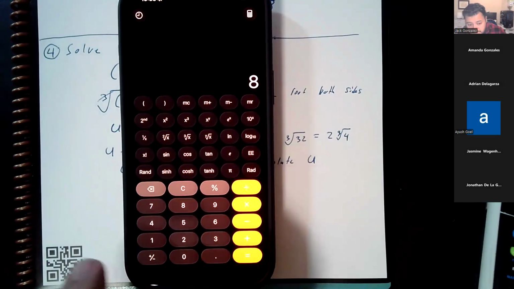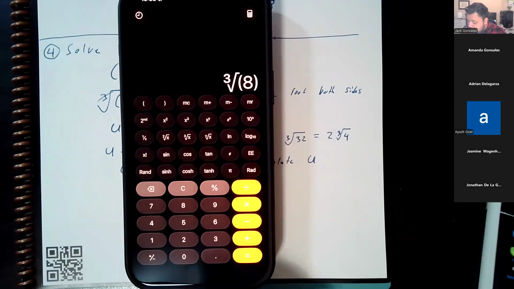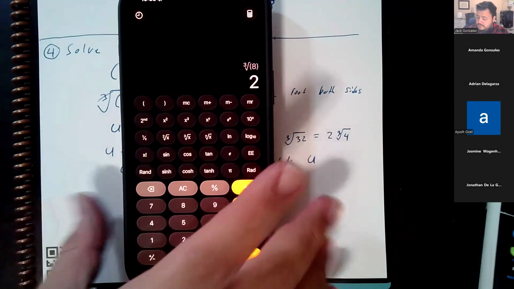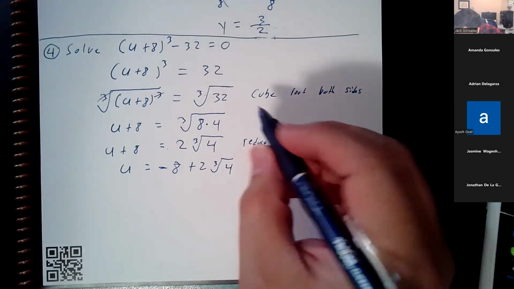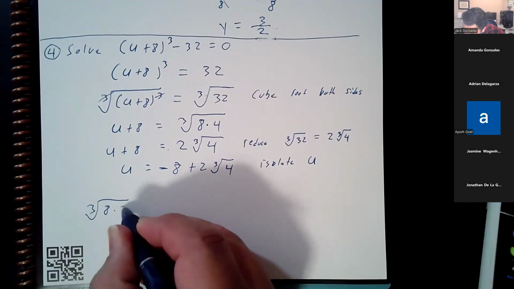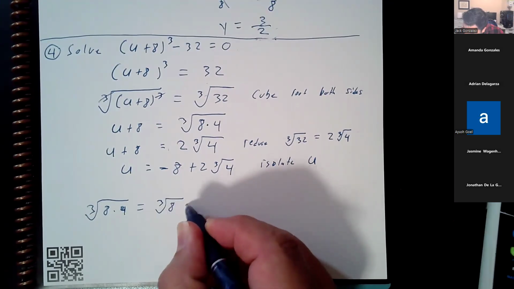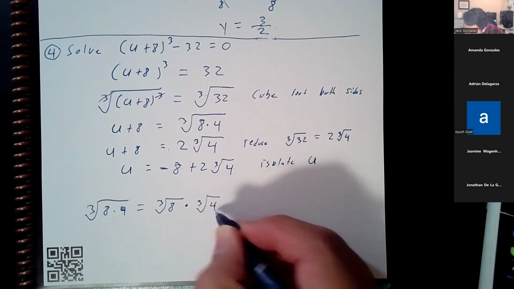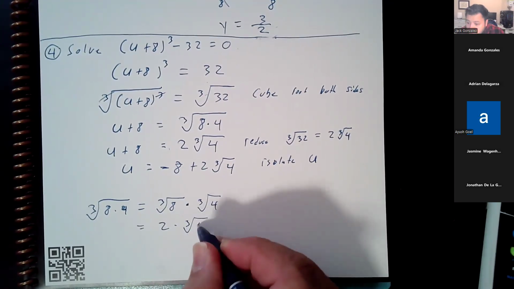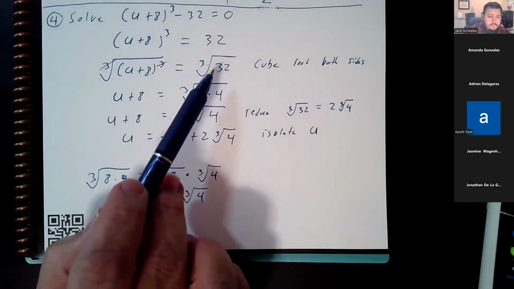All right, so the cube root of 8, right, is 2. So what you can think of as an extra step here, there is a property that says you can separate these to reduce your radicals.